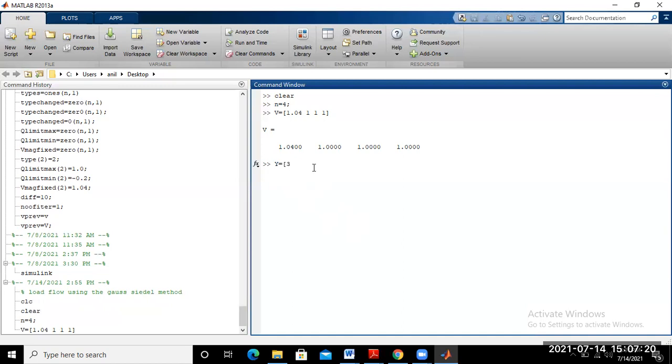So for any bus system, we can write their admittance matrix. If the parameters are given in impedance value, then we can just find the admittance matrix. So admittance matrix we just consider here for this system, that is 3 minus J9.